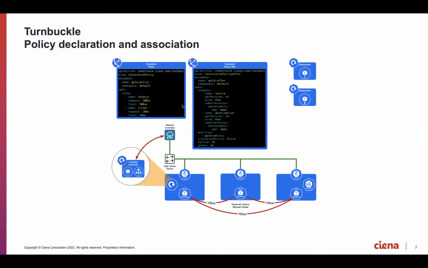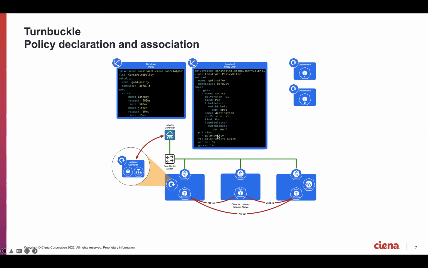And here's an offer, which basically, if you look at it, we say targets can be one or more named or non-named label matches. In this example, we have a source and a destination. There is an implication here that when we call a rule, you can see the policy that the constraint offer is associated with. It can be associated with multiple policies, such as gold policy.